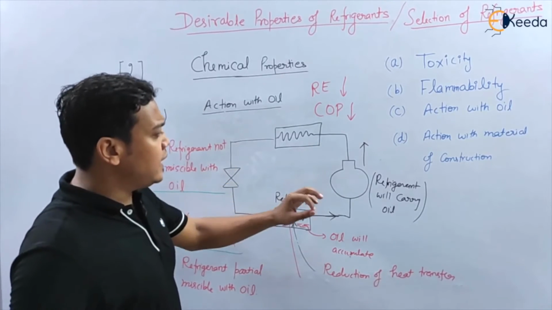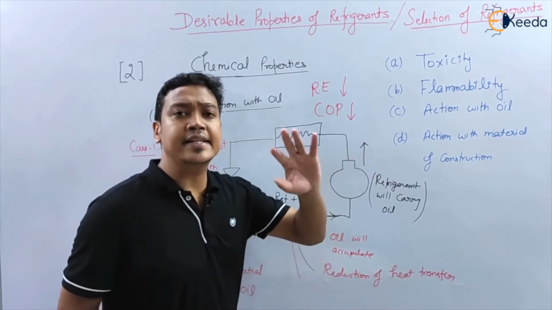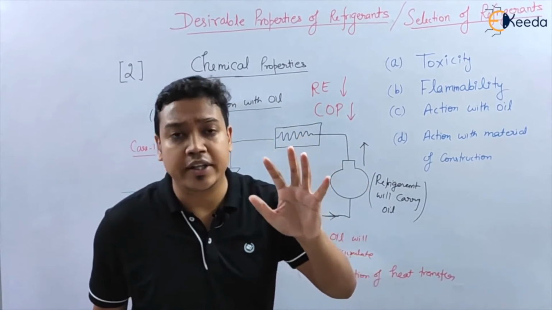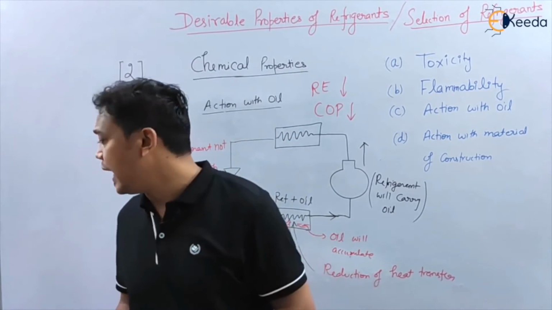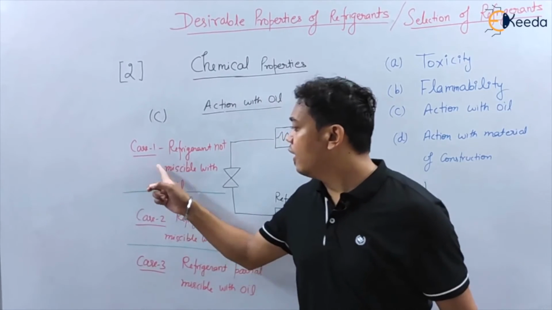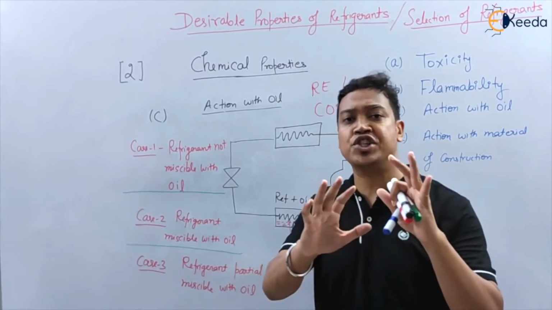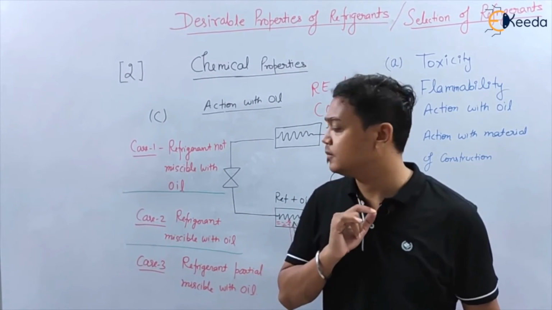Now see that for the refrigerant and oil, there are three types of mixture, three cases. Case 1, refrigerant not miscible with oil, that means there is no mixture of oil and refrigerant.